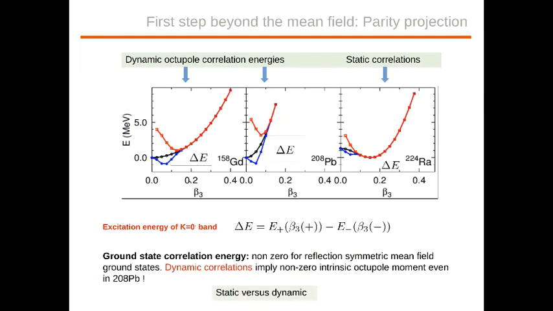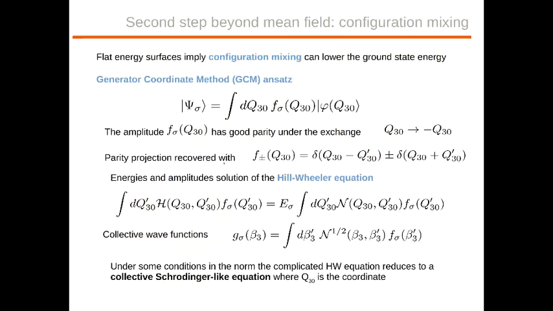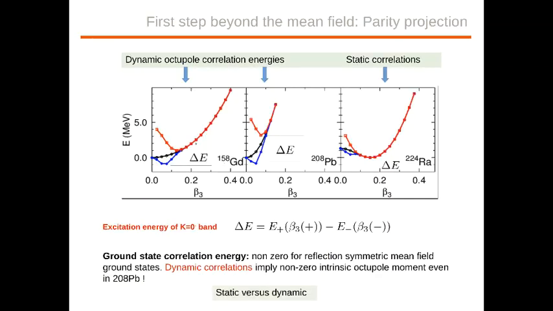So then we can project to positive parity and negative parity these intrinsic states, and we obtain these blue and red curves in the three cases we were studying before. And we see that for positive parity, the blue curve, we are gaining some energy by projecting intrinsic states with an octupole deformation different from zero.